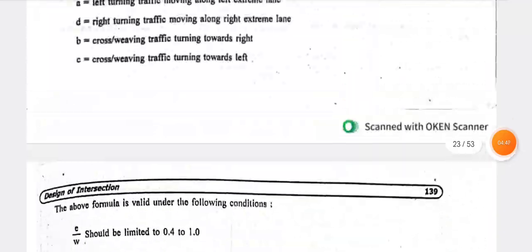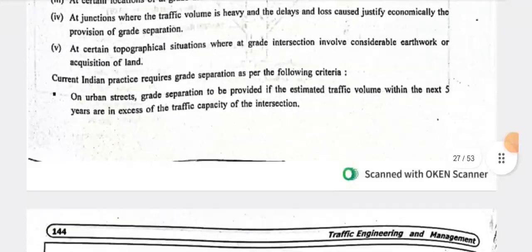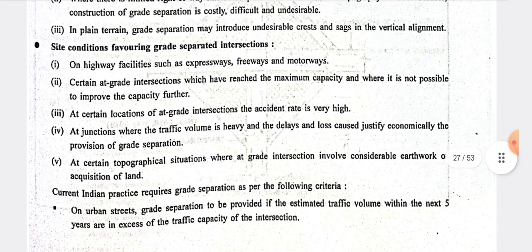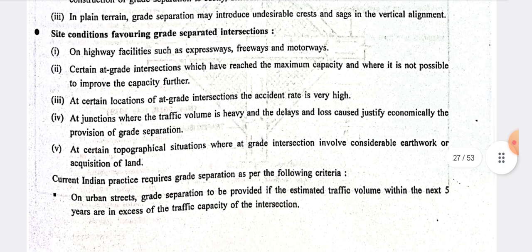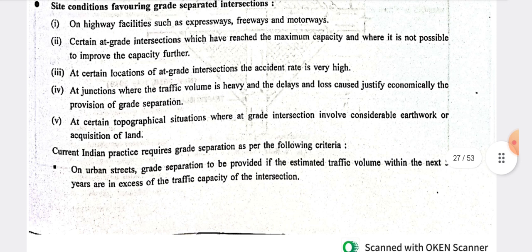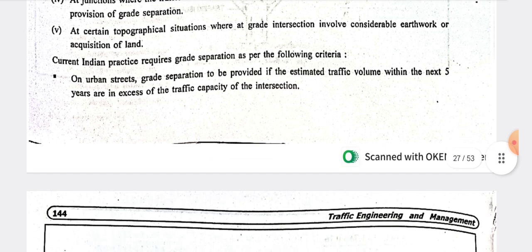Here the number of vehicles is higher. In a certain topographical situation, like where the earth is not at the same level, considerable earthwork is involved, and at that point this type of grade separated intersection is required.